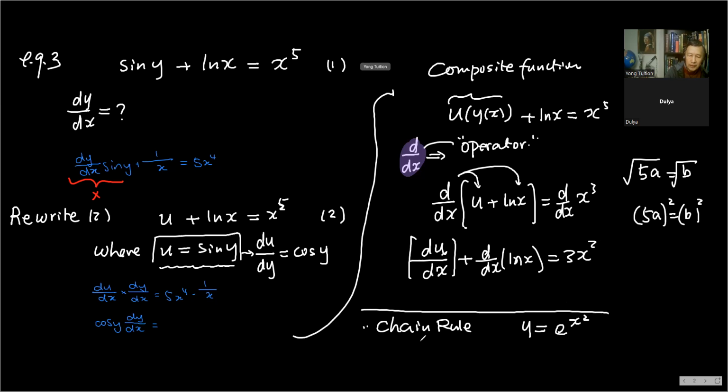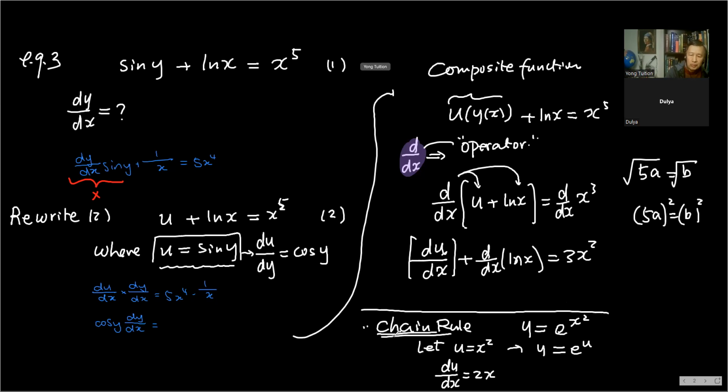But if we introduce u equal to x squared, then y equals e to u, and du/dx works out as 2x.